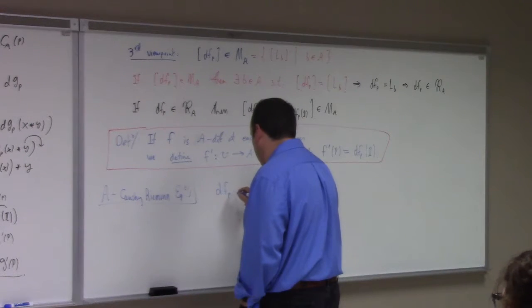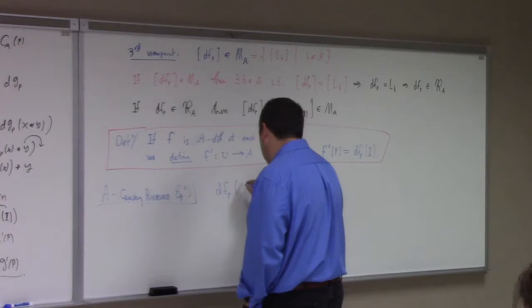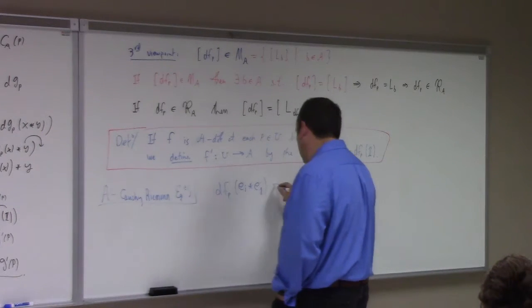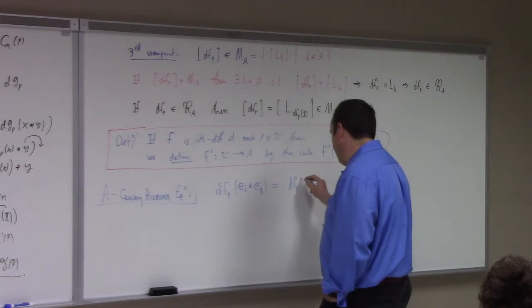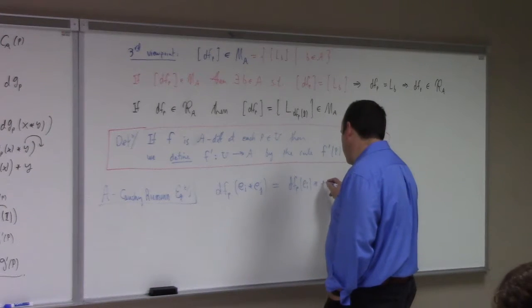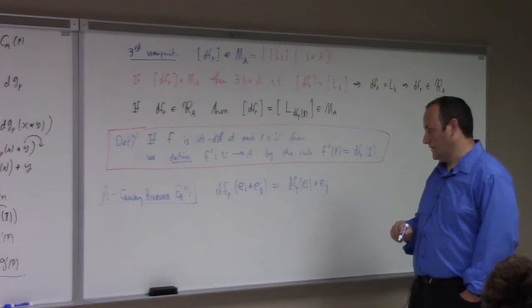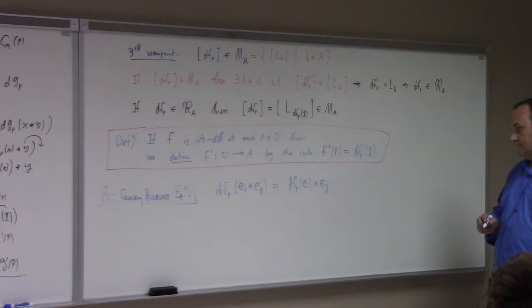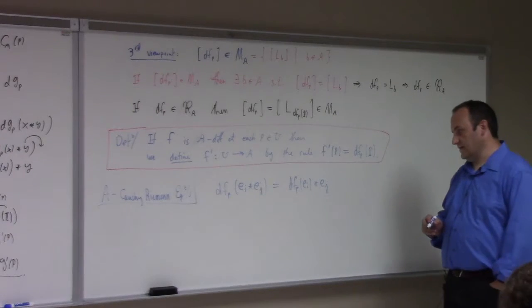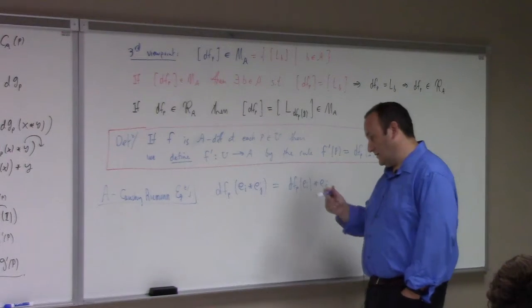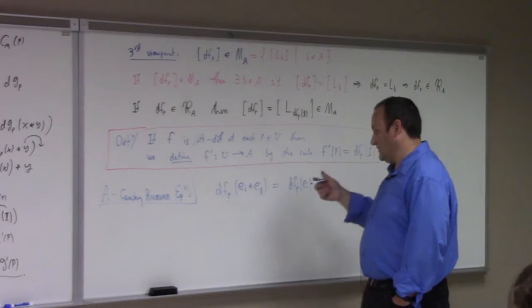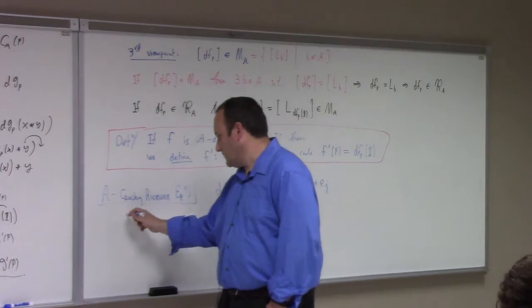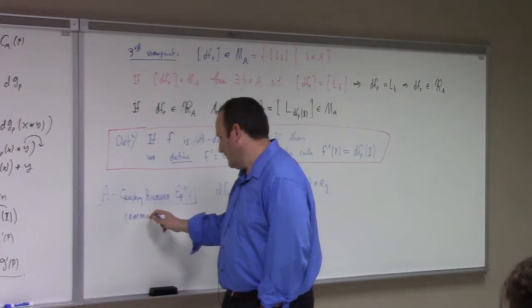If you look at dFP of, say, EI times EJ, that's equal to dFP of EI times EJ. Let's just suppose commutative, for the sake of not going nuts for a moment.